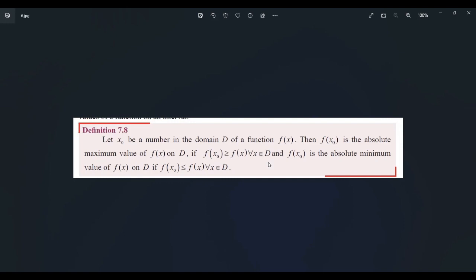Then f of x naught is the absolute maximum value of f of x on D if f of x naught is greater than or equal to f of x for all x in D. And f of x naught is the absolute minimum value of f of x in D if f of x naught is less than or equal to f of x for all x in D. So we'll look at the complete domain of the function and find the point where the function is the maximum or the minimum. This is the definition of absolute extreme values.